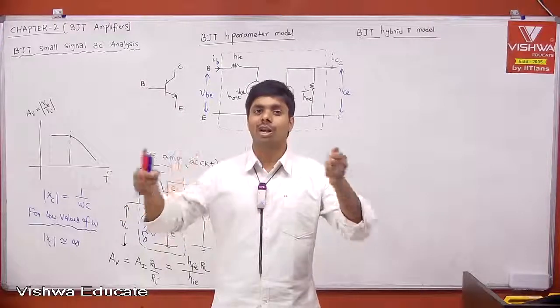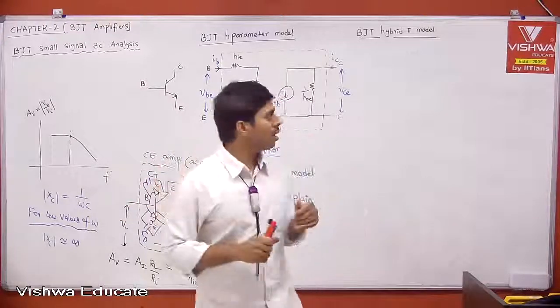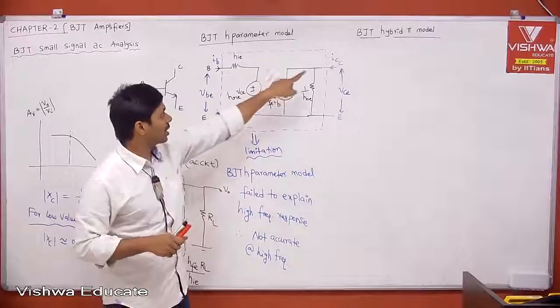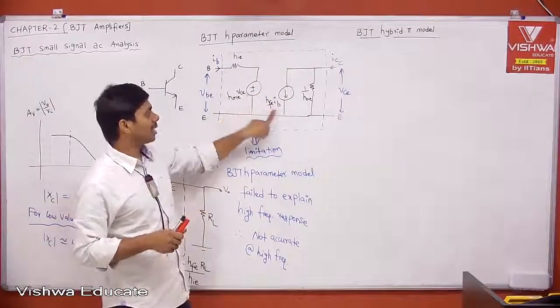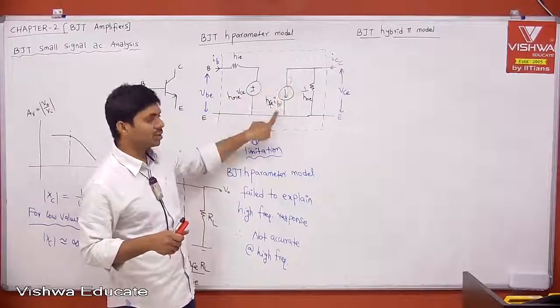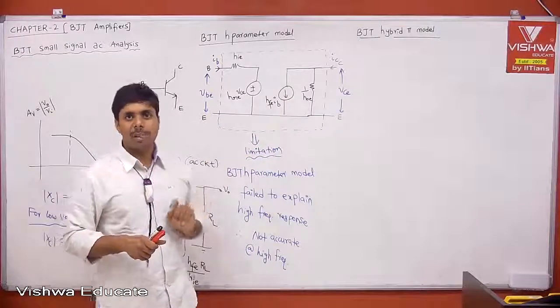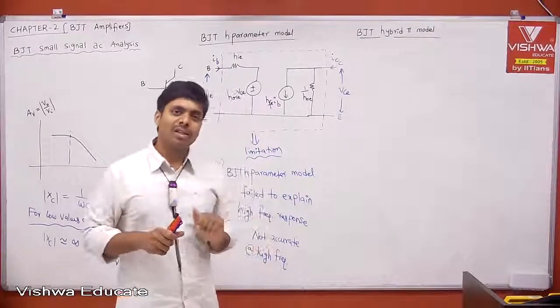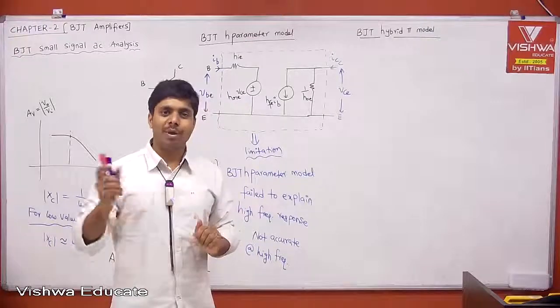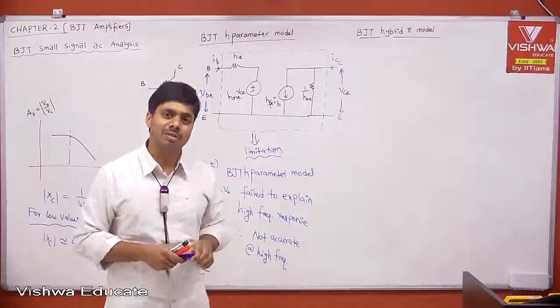Therefore, it is a voltage controlled current source. But in the case of BJT, your output current is controlled by input current. Therefore, it is a current controlled current source. So people call the BJT a current controlled current source, and the MOSFET a voltage controlled current source.